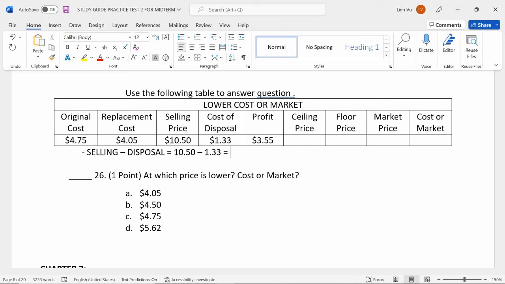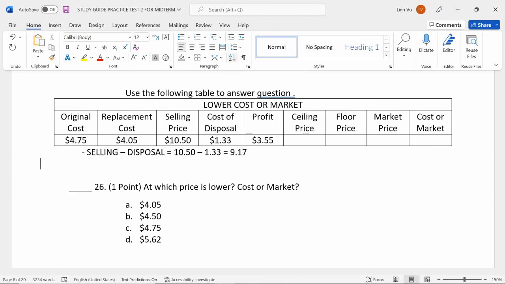So $10.50 minus $1.33 should give you $9.17. Okay, so $9.17.